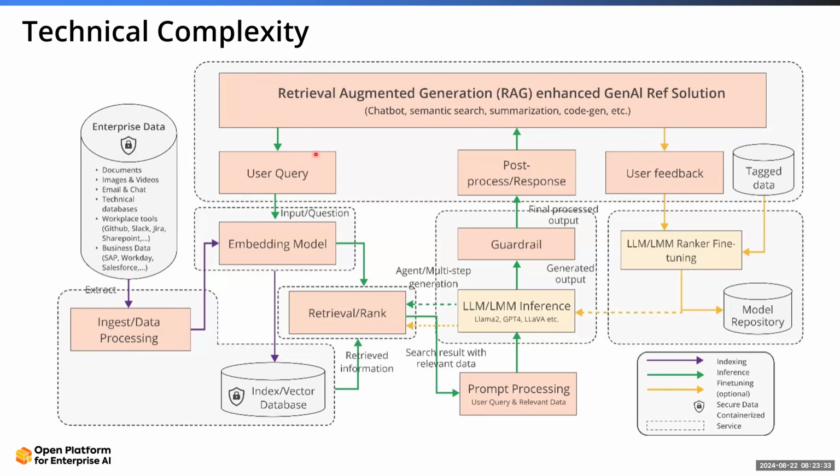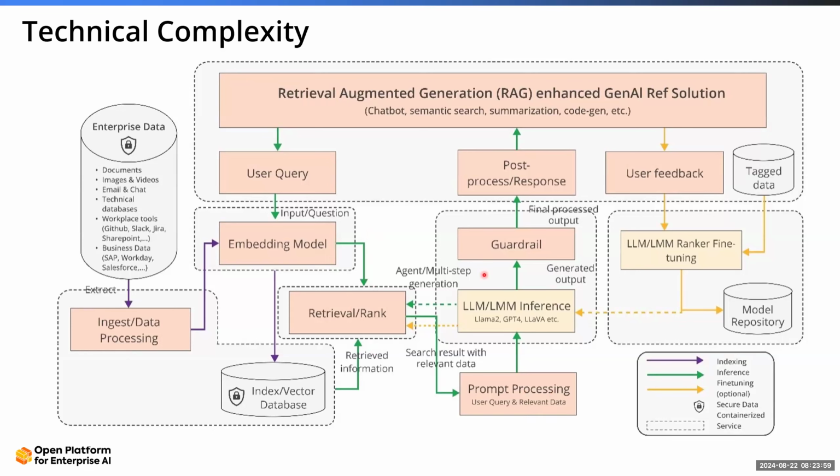When a user wants to send a query to the GenAI solution, the embedding model will convert the text into the vector database. At the same time, the retrieval re-ranker will collect the enterprise data information through the data ingestion. And we combine the two pieces of information as additional context on top of the user query.